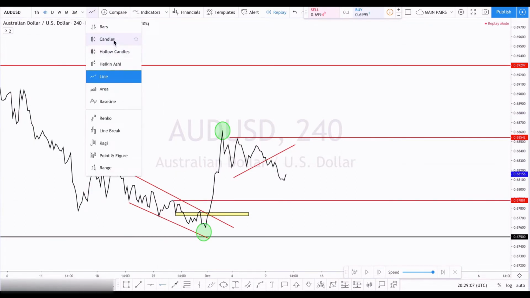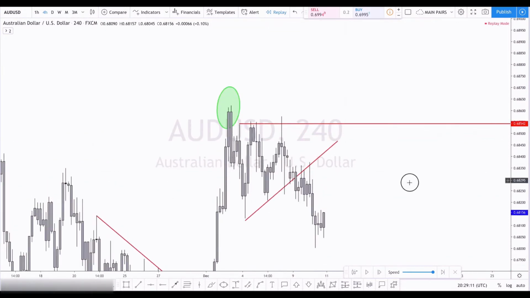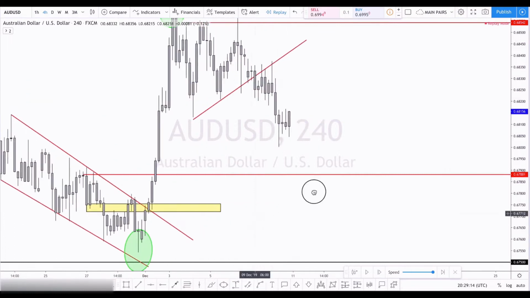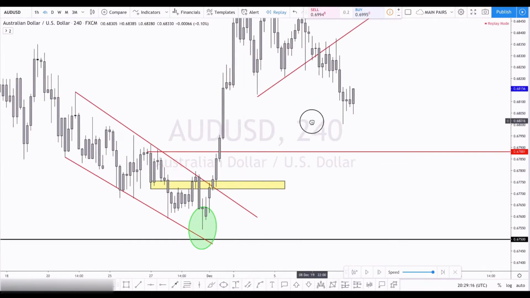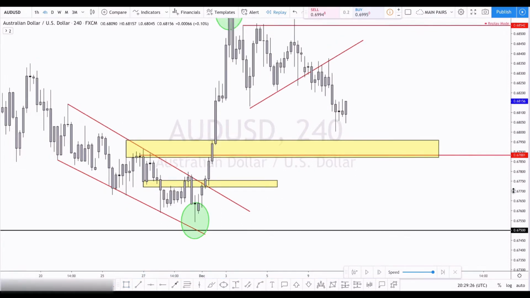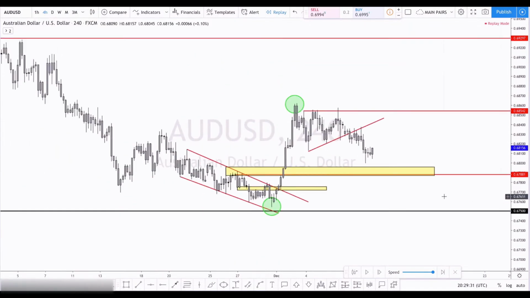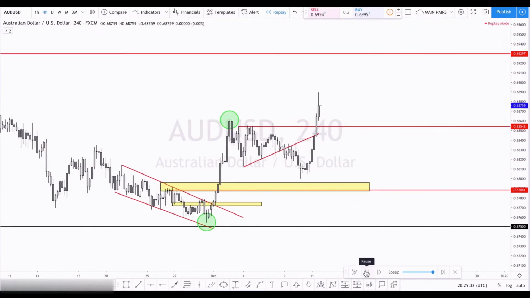The area of interest that I'd be looking at for a potential retest for me to go long would be in and around this region here, from the top of this wick down to this candle close. That's where ideally I would be looking for long entries.